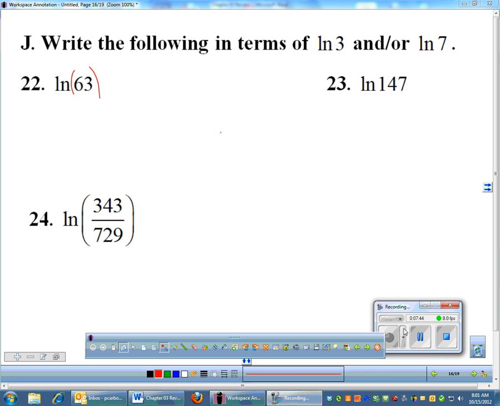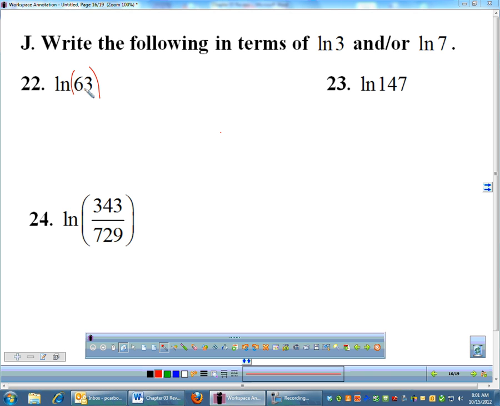All right, back from stairwell duty. So now I need to turn 63 into 3s and 7s. I know that 63 is 9 times 7, right? Hopefully you know that. And 9 times 7, I have my 7, but I still need 3, so I need to turn 9 into terms of 3. So 9 is 3 squared times 7.